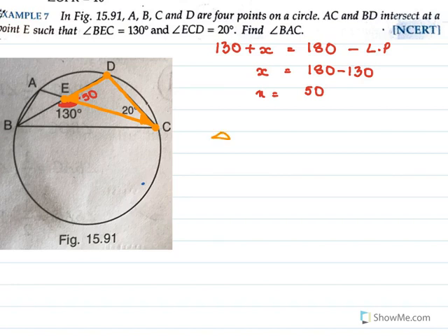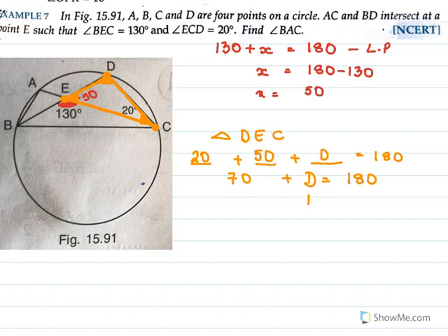So we have next step, triangle DEC, three angles equal to 180, which is 20, 50, and we need to find this angle D. So 70 plus D is 180. So D is 180 minus 70. So D will be 110. So here we have 110. So angle D is 110.